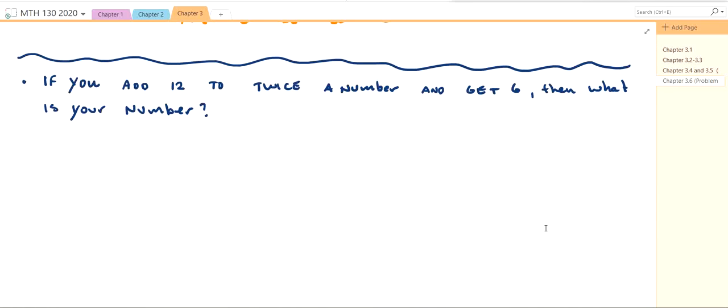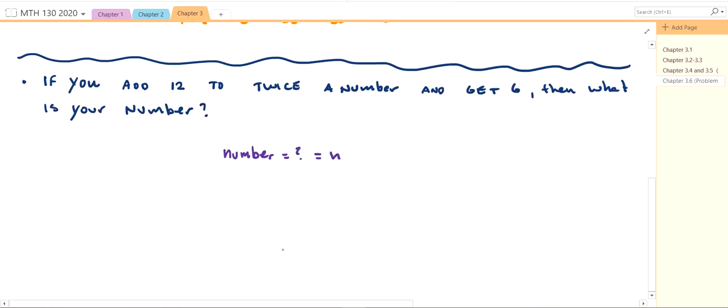Okay, here's another one. If you add 12 to twice a number and get 6, then what is your number? So what are we looking for here? Looking like we're trying to solve for our number.